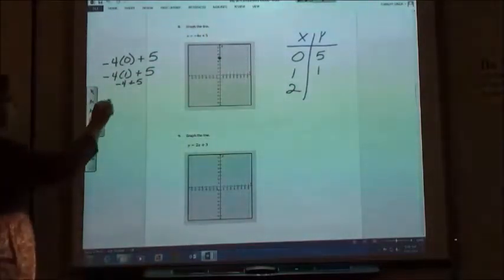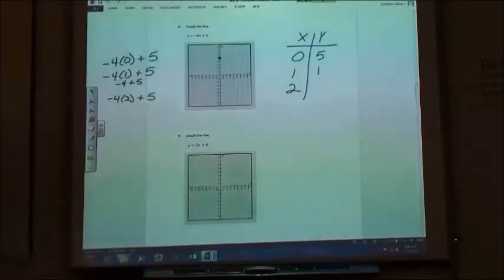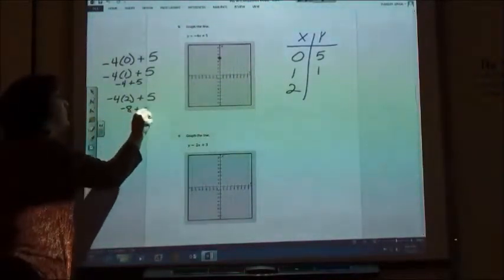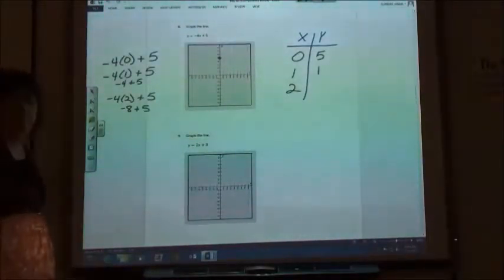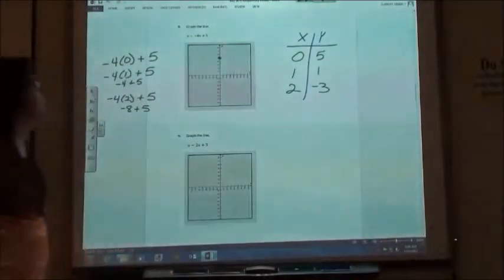Then I'm going to put my 2 in. -4 times 2 plus 5 is -3.